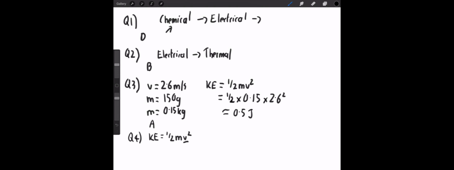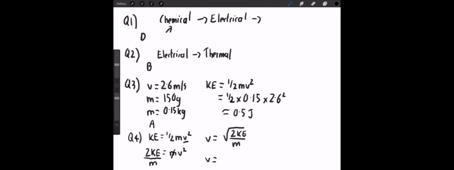So I'm going to multiply through by 2 to give me 2KE equals mv squared, and then going to divide by m, and that will cancel out the m there, and then I'm going to take the square root of both sides. That will get rid of the v squared, which leaves me v is the square root of 2KE over m.